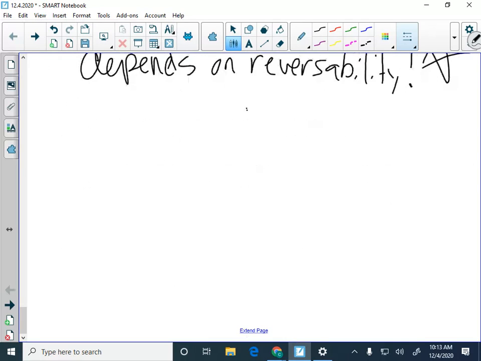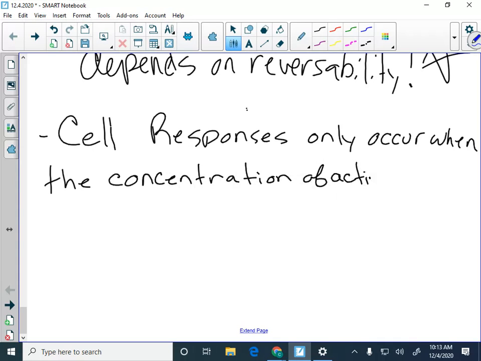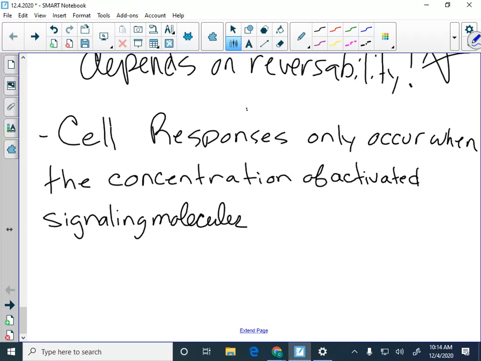So one last little bit. Cell responses only occur when the concentration of activated signaling molecules or activated receptors is above a certain threshold.